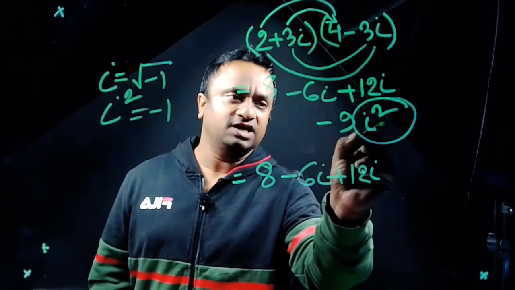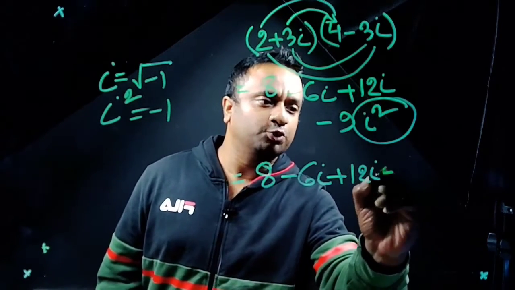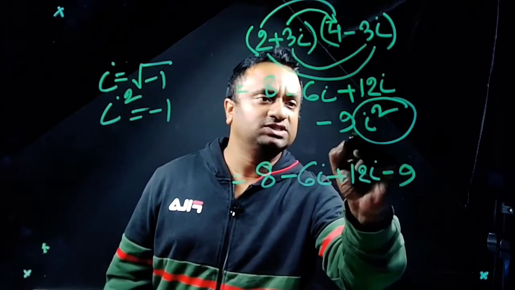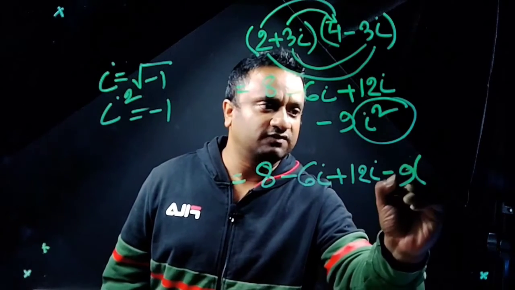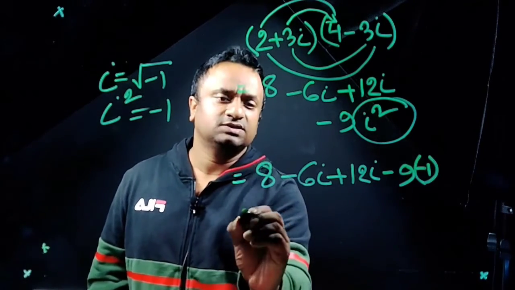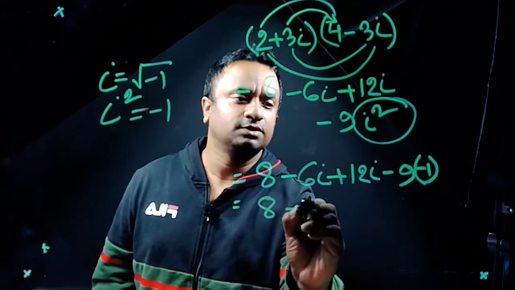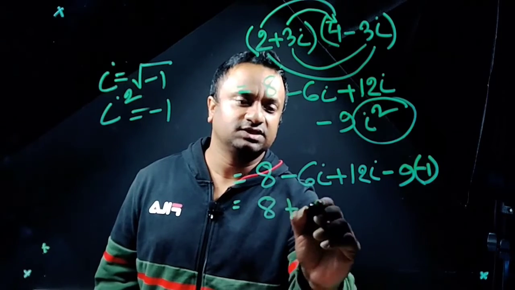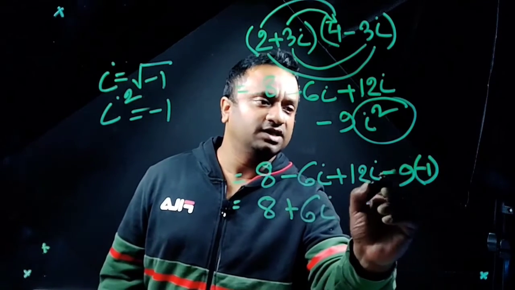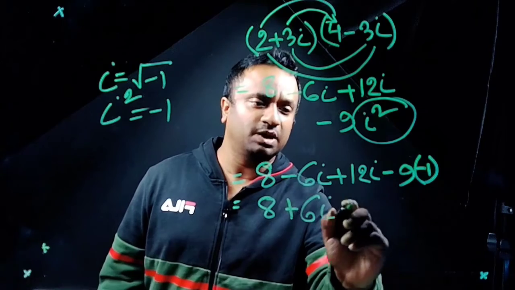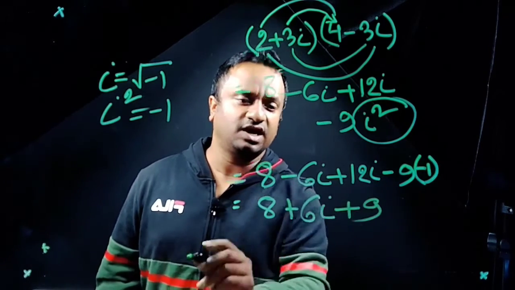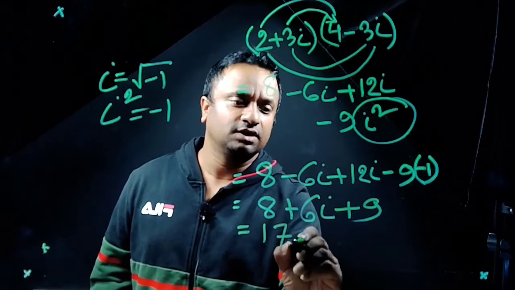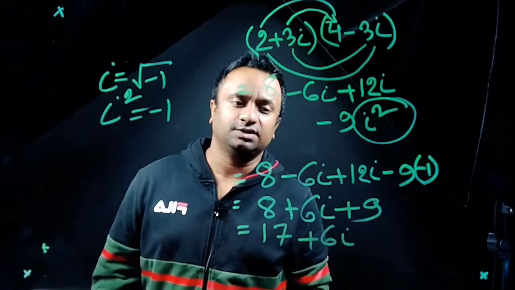So when we find i square, we need to put minus 1 instead of that. So minus 9 multiplied by i square, instead of i square we put minus 1. So it becomes 8, and then plus 12i minus 6i makes it 6i, and then minus 9 multiplied by minus 1 makes it plus 9, and hence 9 plus 8 equals 17, and then plus 6i.